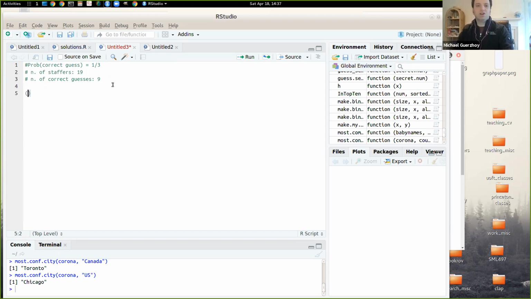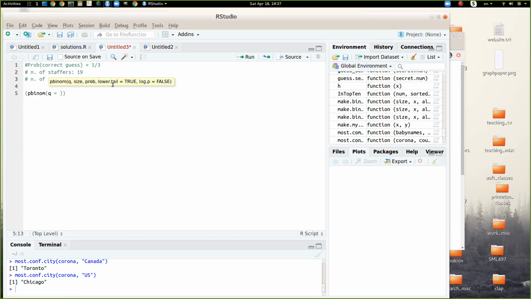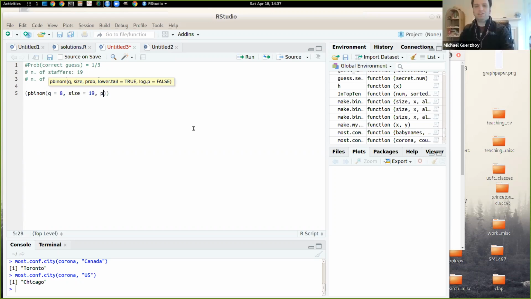So p-binom of q equal to 8, size equal to 19 because 19 people are answering, probability equal to 1/3. That's the probability of getting 8 or fewer correct guesses out of 19, assuming that the probability of a correct guess is 1/3.